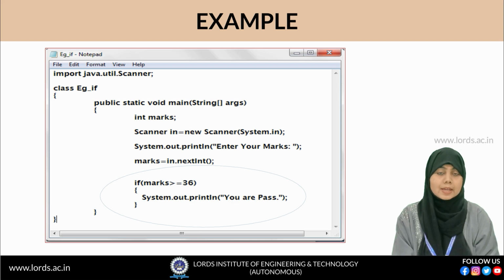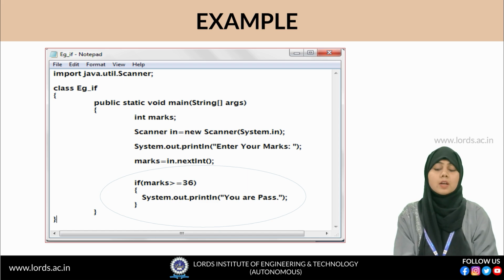Under the Scanner default constructor, as a parameter I am passing System.in. System.in is one of the input stream classes, as I'm going to take the input from the keyboard, so we need to write System.in there.